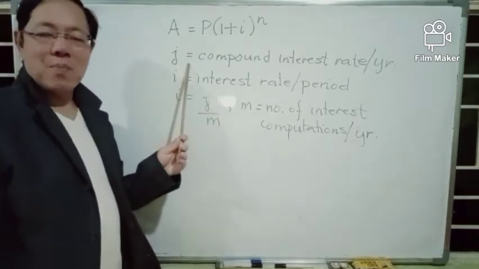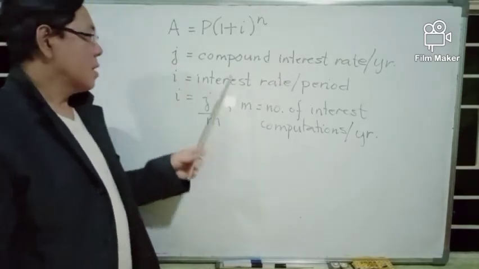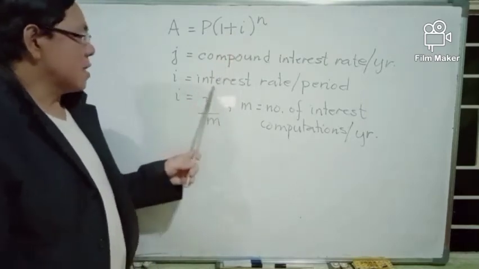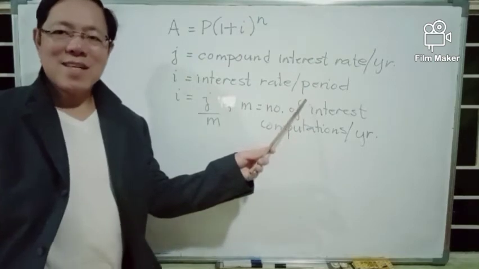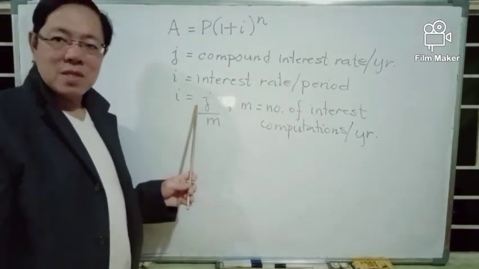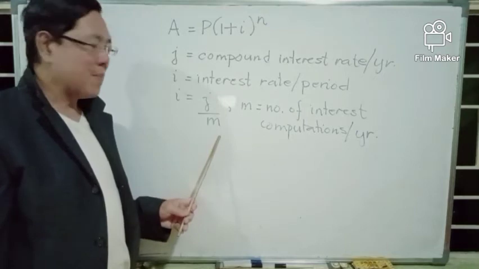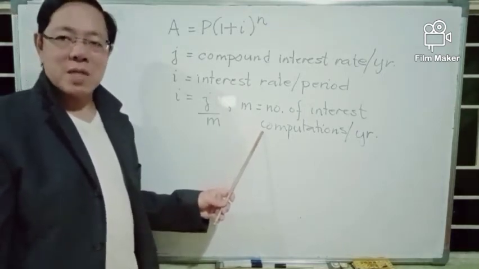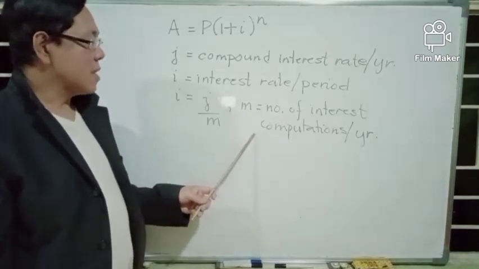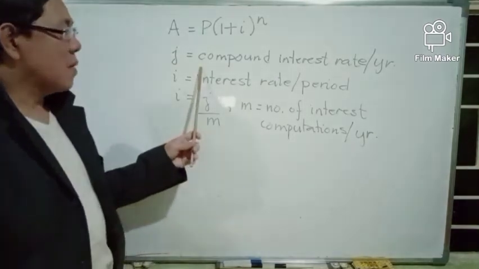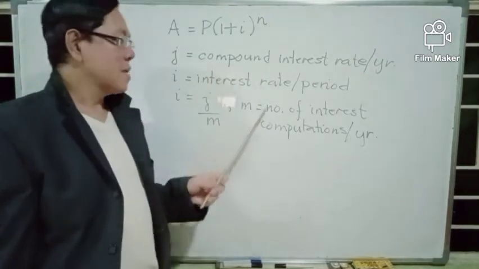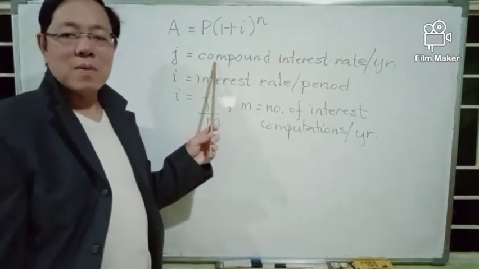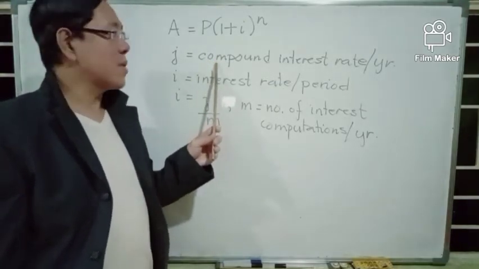The given is the compound interest rate per year, and to use this formula, we need to compute I. The number of computations per year will be indicated by the given compound interest rate per year.